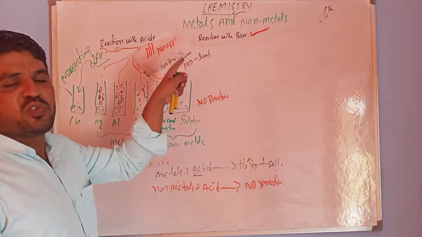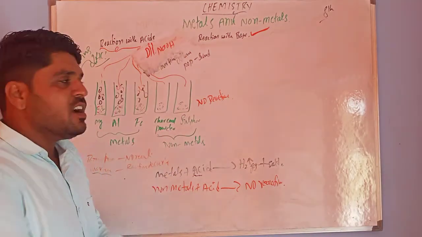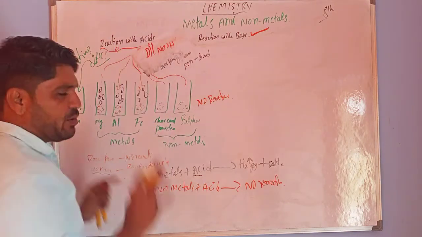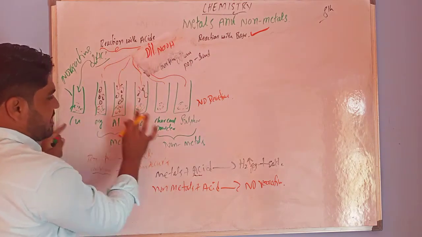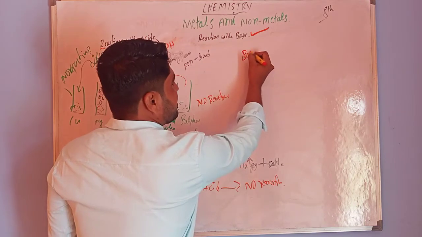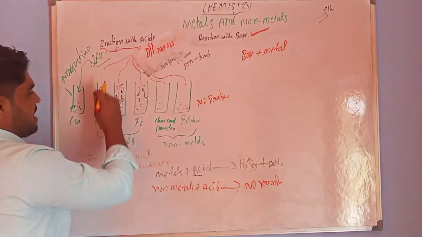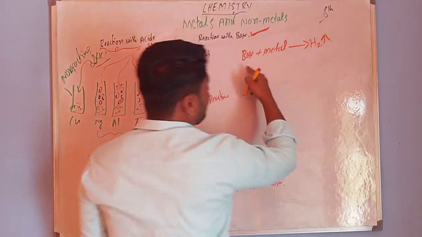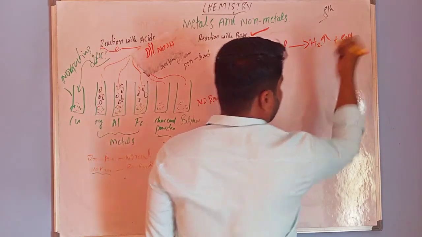Potassium hydroxide, sodium hydroxide, calcium hydroxide, magnesium hydroxide are bases. In this experiment, I am going to take dilute NaOH. This NaOH is a base. When a base reacts with metals, here also gas is produced. That gas is hydrogen gas. When a base reacts with metals, it produces hydrogen gas and salt.